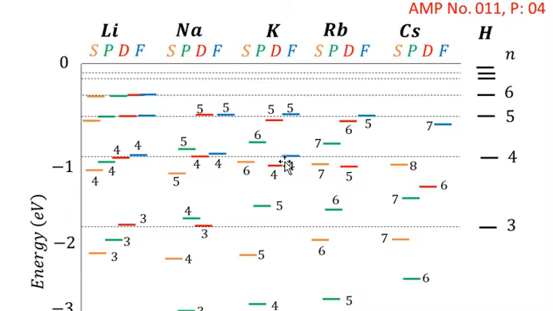And this is the third state of the potassium atom with n is equal to 4 and L is equal to 2. This is the fourth state with L is equal to 3. So you see that in the potassium, when n is equal to 4, there are 4 states with L is equal to 0, 1, 2, and 3.